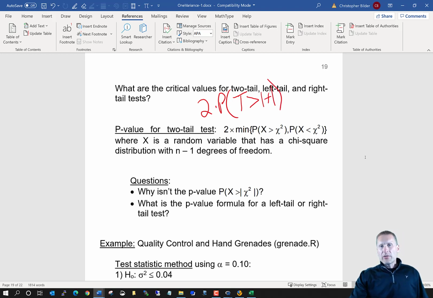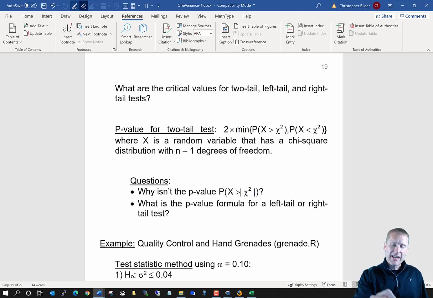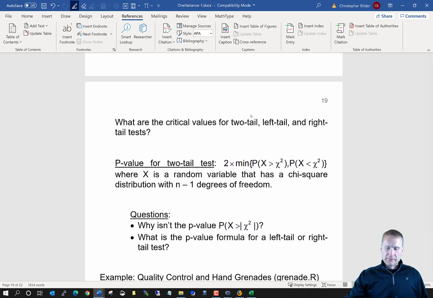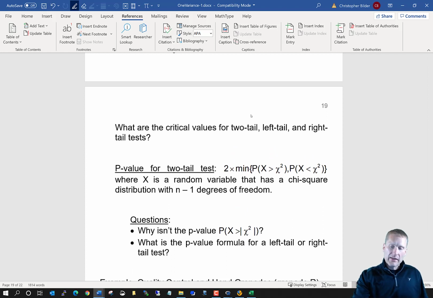Now, we were able to do it like that because we had a symmetric distribution. Now we don't. So now we need to make some adjustments. But still, it's the same idea of measuring how extreme you are relative to the distribution itself. And so let's say that here is my chi-square distribution once again.